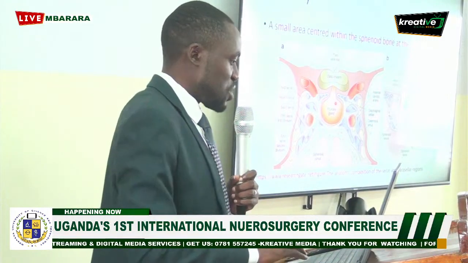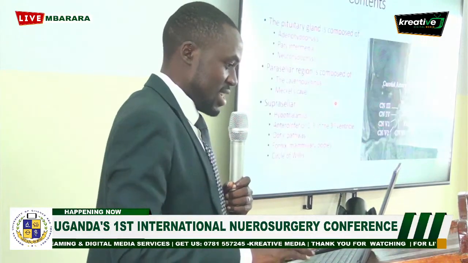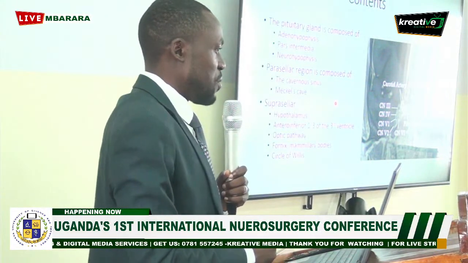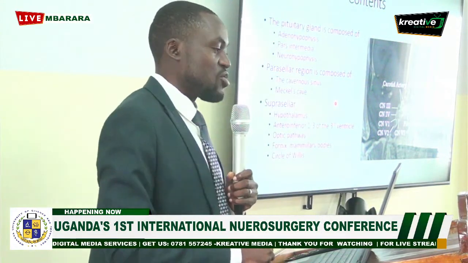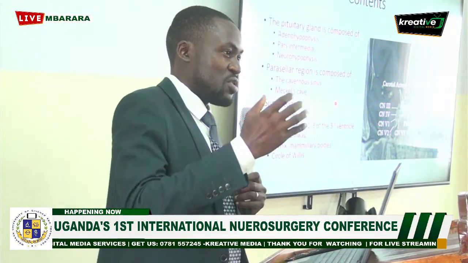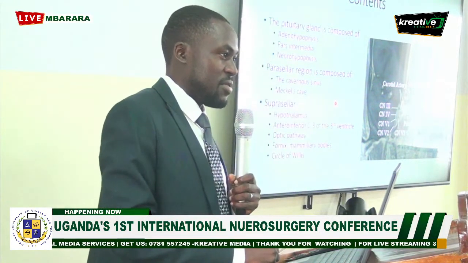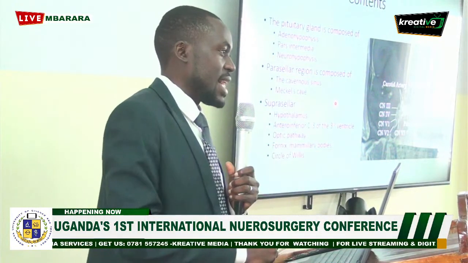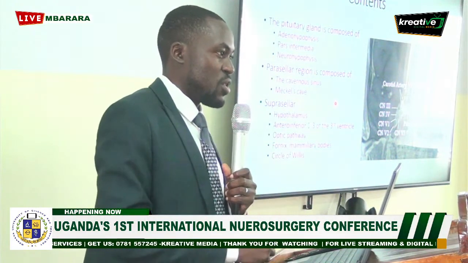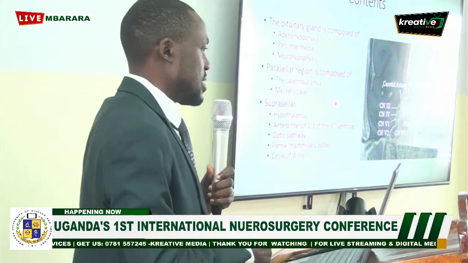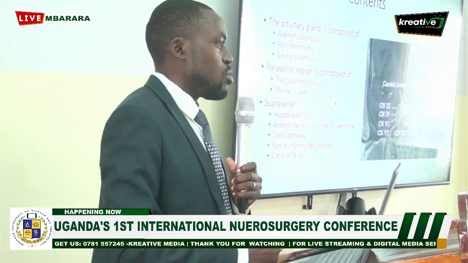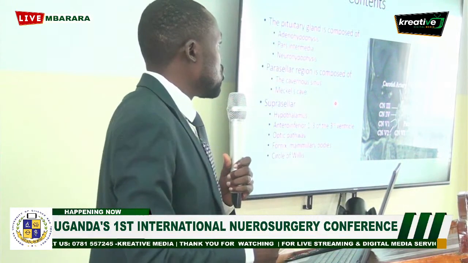So I will not go through this, but I'll go to how it would look on imaging. We basically have three areas we're interested in. We focus on the pituitary fossa itself. And in the pituitary fossa, we are interested in assessing the pituitary gland, which we know, of course, has two main components, the two lobes: the adenohypophysis, or the anterior lobe, and the posterior lobe, which is the neurohypophysis.